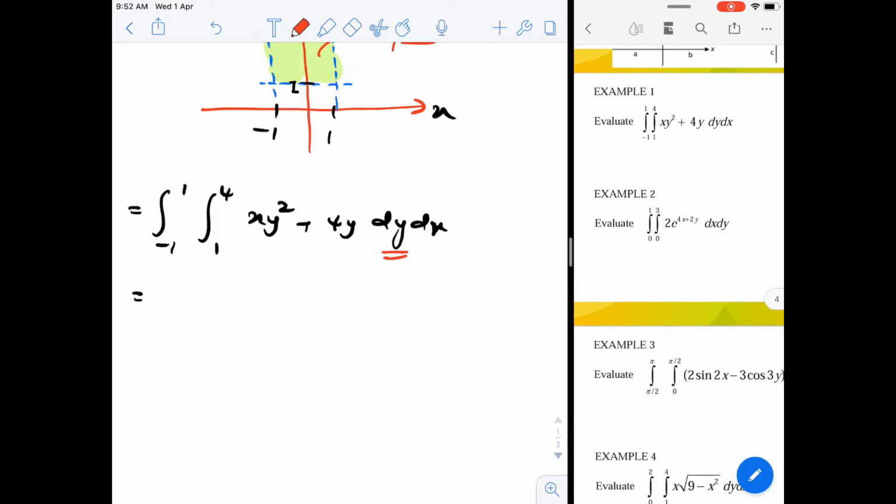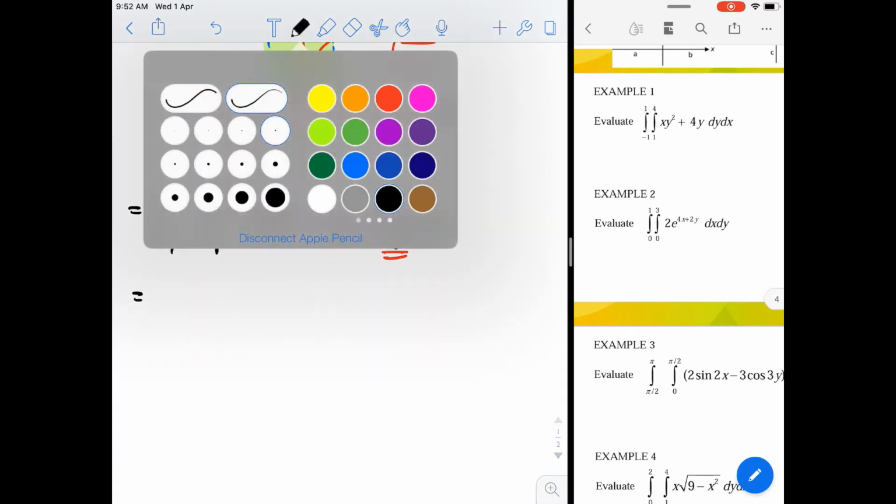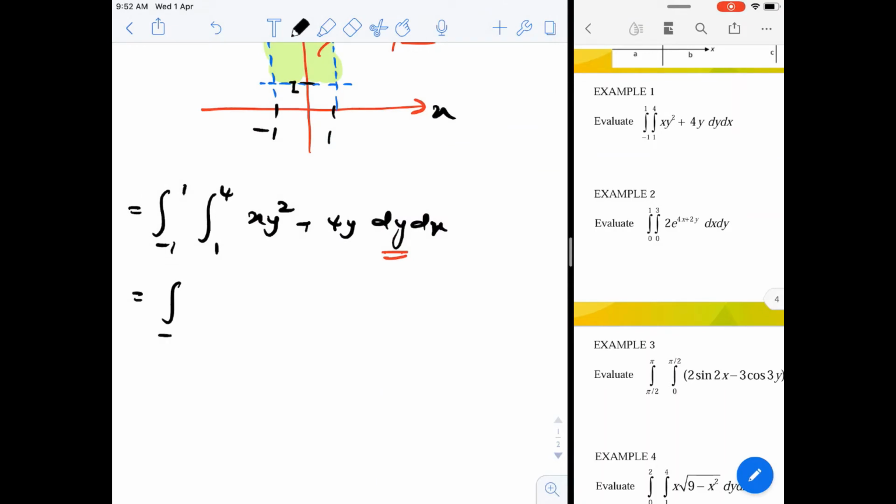Alright, I repeat. If we want to integrate with respect to y, thus x becomes a constant. So what you should get here is, from negative 1 until 1, integrate xy squared with respect to y, we will have xy cubed over 3 plus integrate 4y with respect to y, we will get 4y squared over 2.